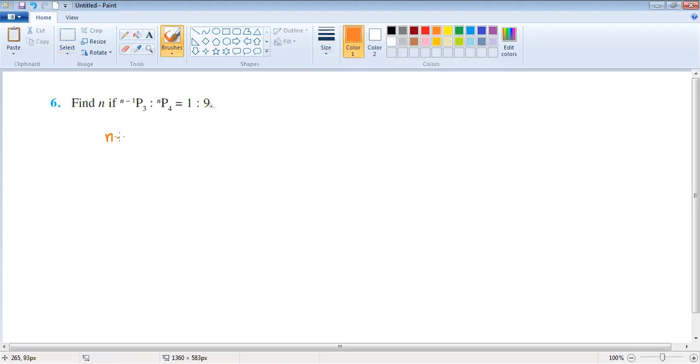n minus 1 P3 divided by n P4, which is equal to 1 is to 9, matlab 1 upon 9. So we have the formula nPr is equal to n factorial divided by n minus r factorial.